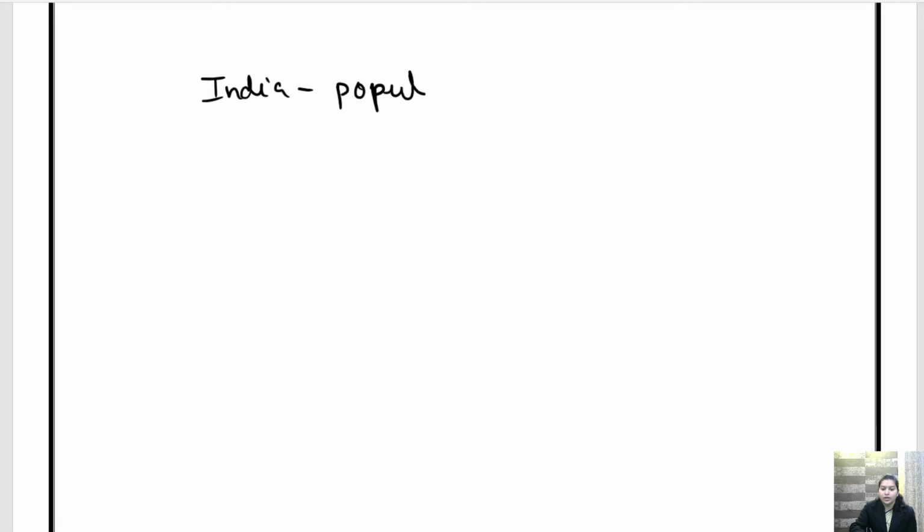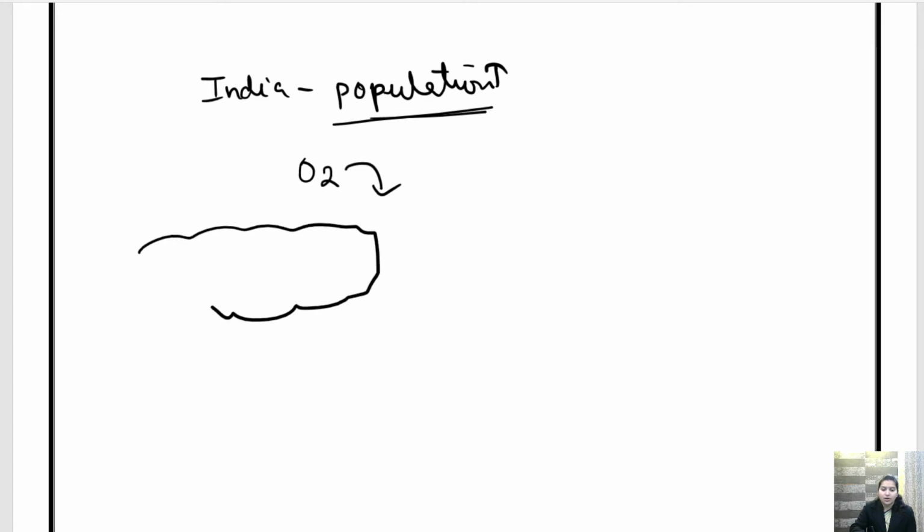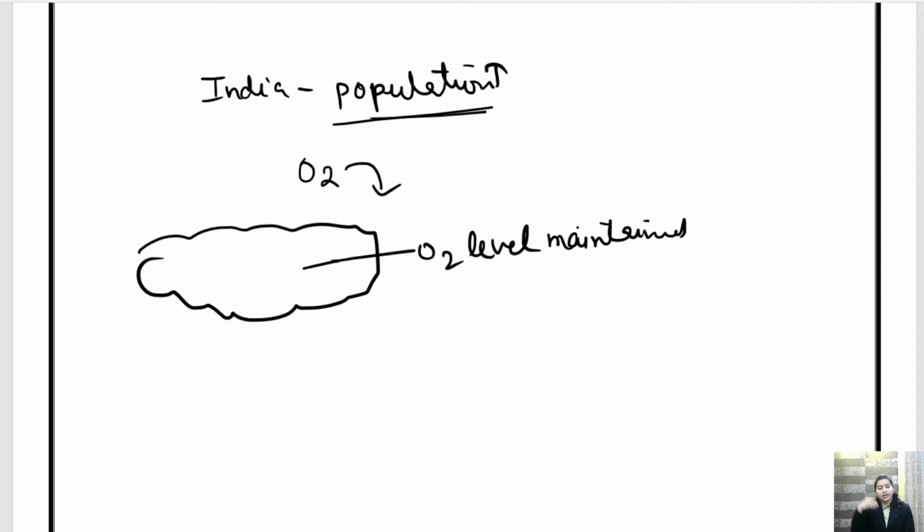Population is very high, isn't it? And every individual is taking oxygen. Every individual is taking oxygen. But still the oxygen level in the atmosphere is maintained. Isn't it strange that everyone is inhaling oxygen, but still oxygen is present in the atmosphere?